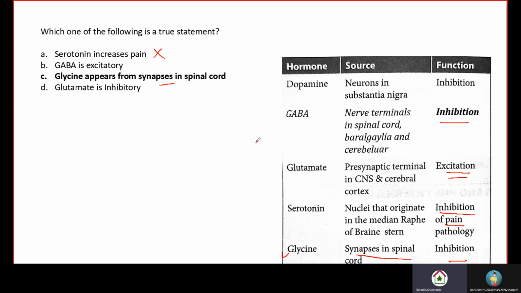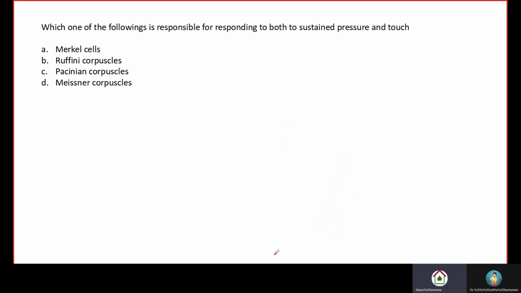So excitatory is glutamate, and GABA is inhibitory and is produced from nerve terminals in the spinal cord. And glycine, synapses in the spinal cord.